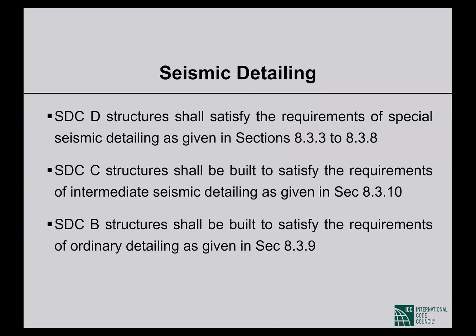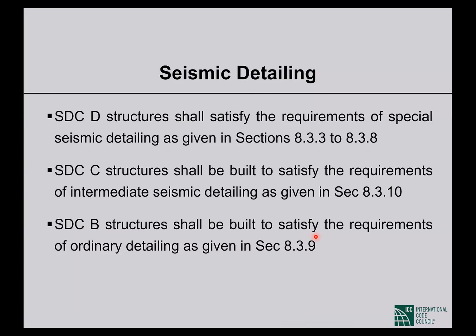So all the requirements in these sections have to be complied with if we want to build a seismic design category D building. For a seismic design category C building, we have to comply with section 8.3.10, and for a seismic design category B building, we have to comply with section 8.3.9. So this is very important. Now you know the zone.